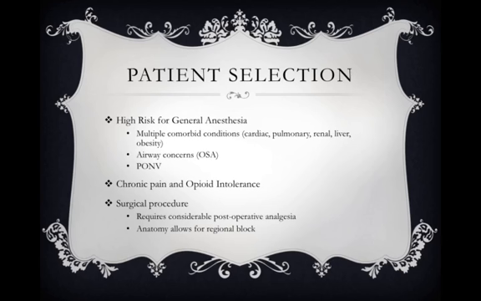Another group of patients are the chronic pain patients, as they can have very difficult to control analgesia, and those with opioid intolerance who can have severe side effects from opiates. And then lastly, the surgical procedure also determines who would be a good candidate, as procedures that require considerable postoperative analgesia and surgeries where the anatomy would allow for a regional block.